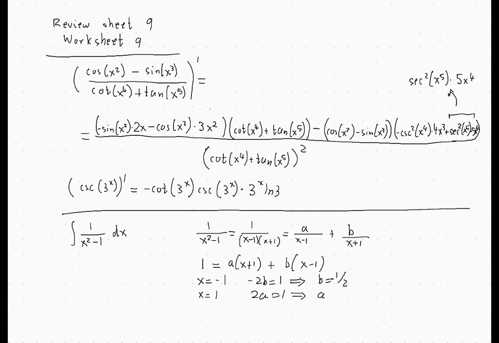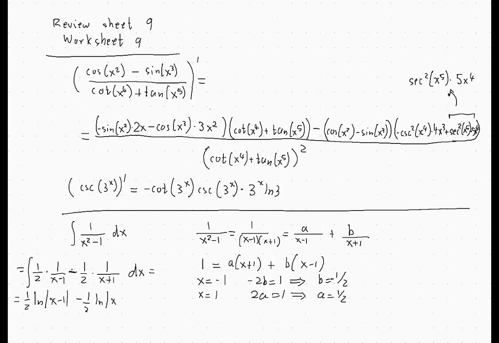So that tells you that this is the same as taking the integral of 1/2 times 1 over x minus 1 minus 1/2 times 1 over x plus 1 dx, which is equal to 1/2 ln of absolute value of x minus 1 minus 1/2 ln of absolute value of x plus 1 plus c.